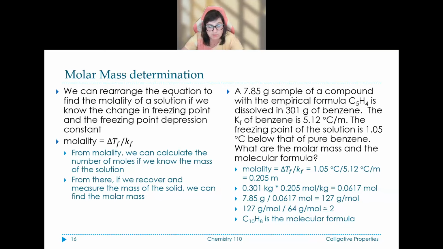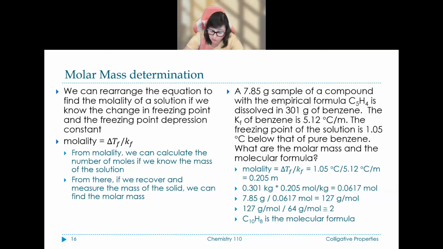I know that I have 7.85 grams of this material. I know that that mass is 0.0617 moles. And so that means that it's approximately 127 grams per mole. I know that the empirical formula, the C5H4, is 64 grams per mole, right?